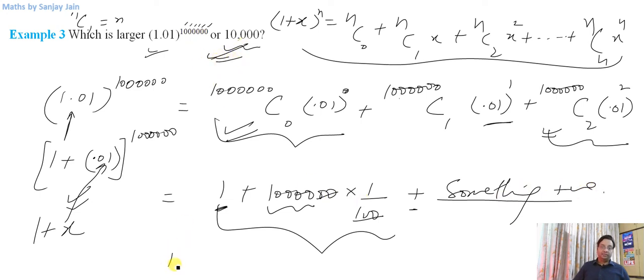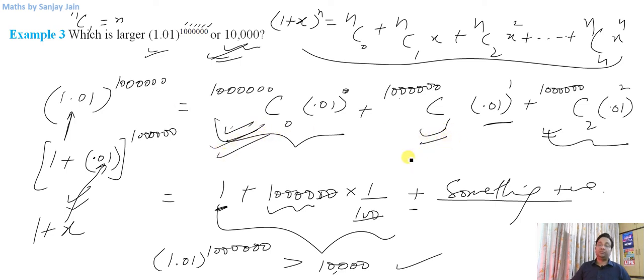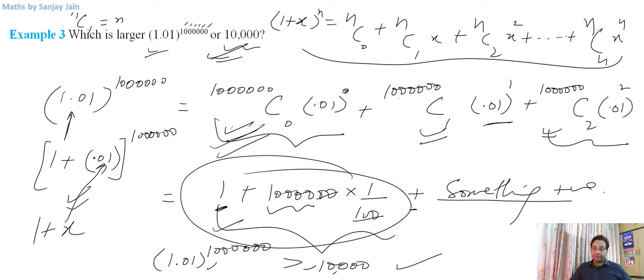So I can say 1.01 raised to power 1 2 3 4 5 6 is definitely greater than 10,000. Okay, how? I expanded this and considered only first two terms, and while expanding first two terms only, I know that this term is greater than this because this is 10,001.